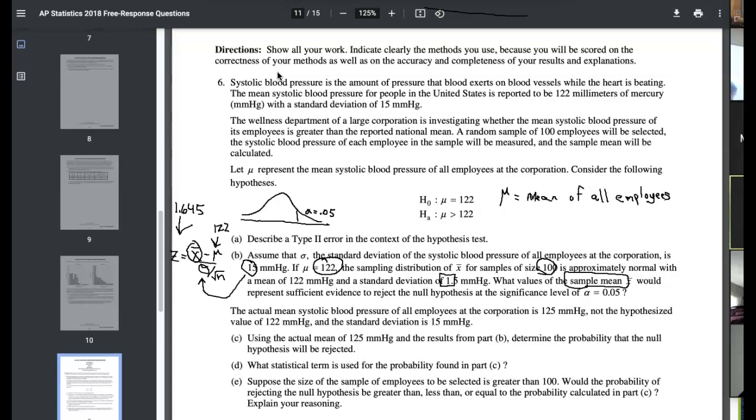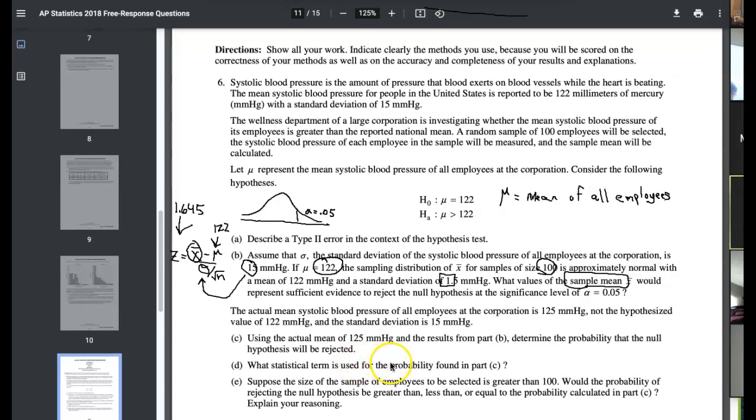Determine the probability that the null hypothesis will be rejected. Okay. Determine the probability of rejecting the null hypothesis. That is the p-value. Okay, p-value of the test.